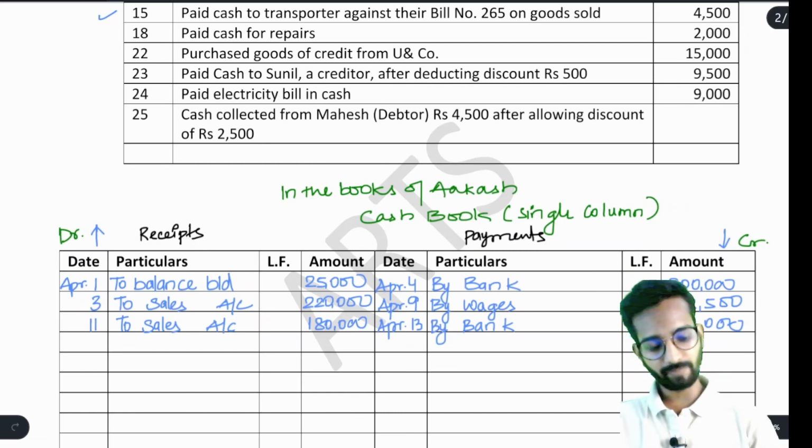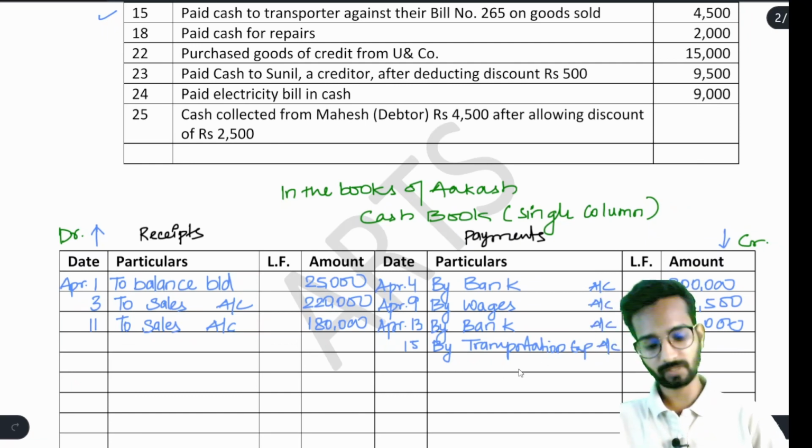Now see, we have payments. If there is payment, you can write here on April 15 by transport expense, transportation expense. Do not forget to mention account, please.